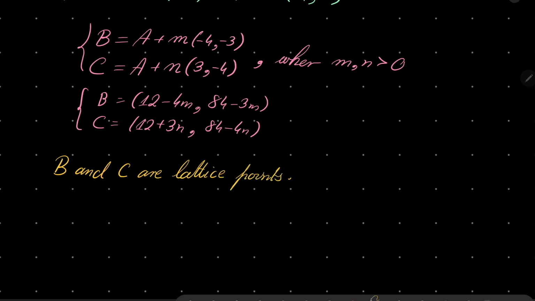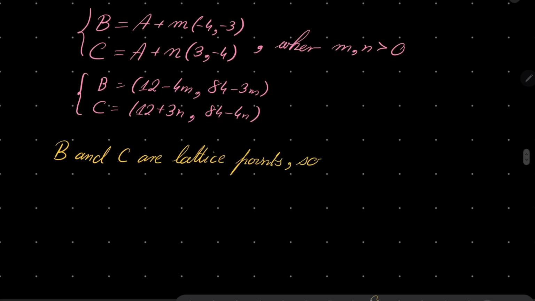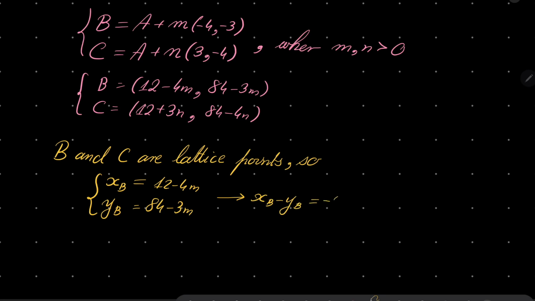So we can deduce the following. If I write, for example, xb, the first coordinate of point B, as 12 minus 4m, and yb can be written as 84 minus 3 times m. And after subtracting these equations, we get xb minus yb equals minus 72 minus 4m plus 3m.